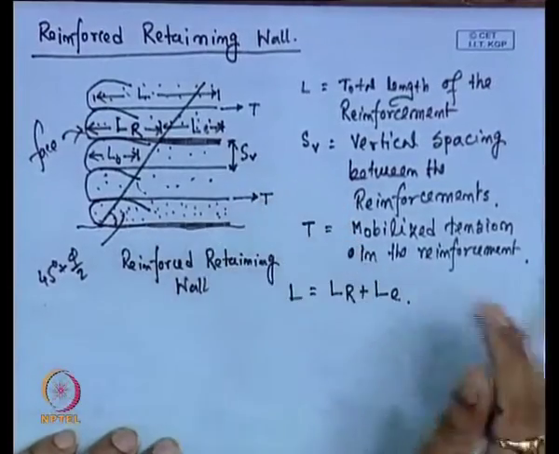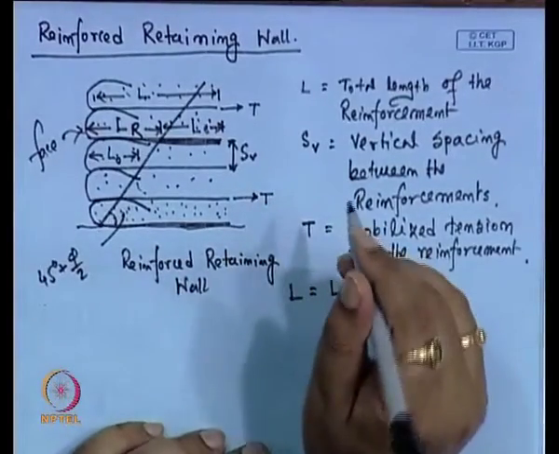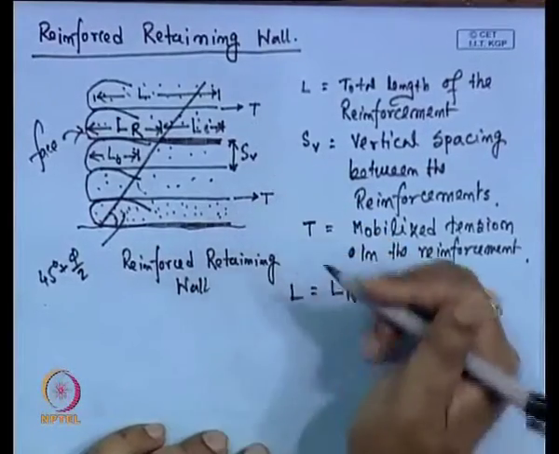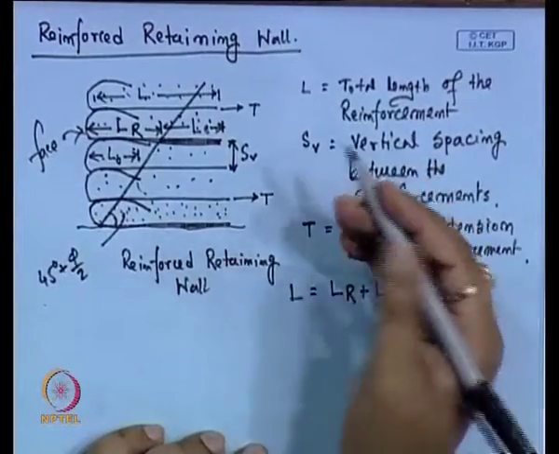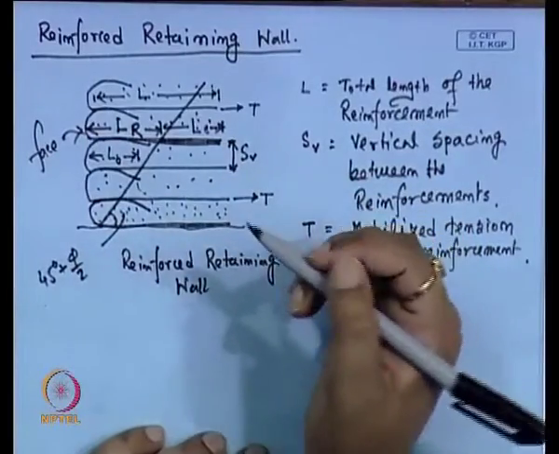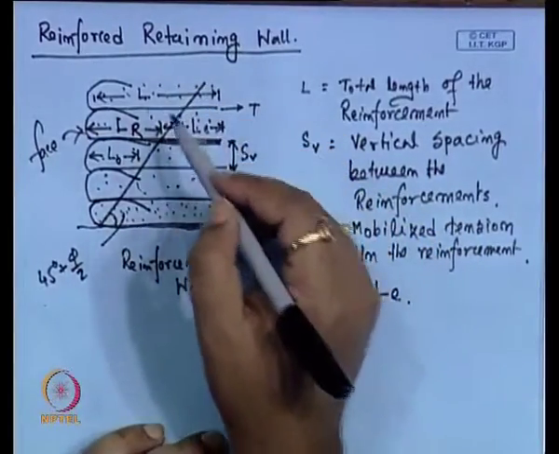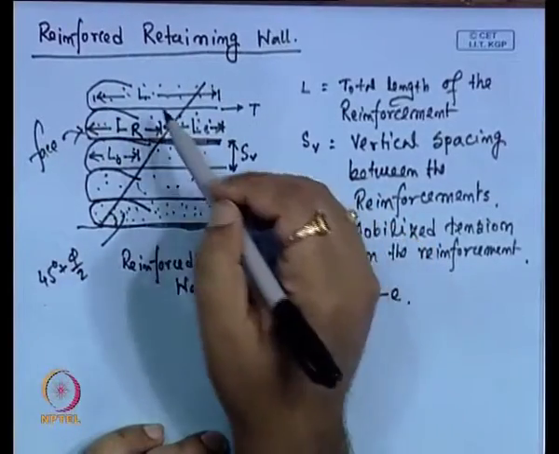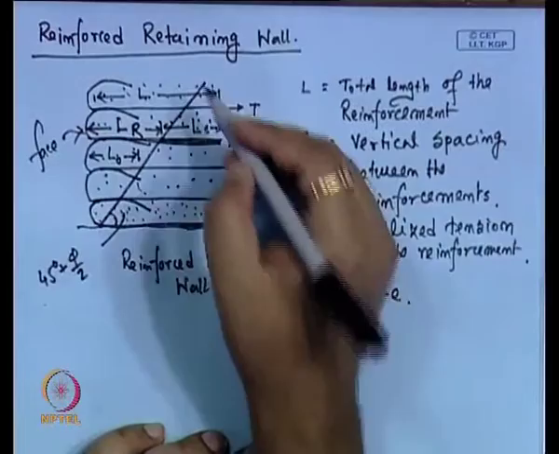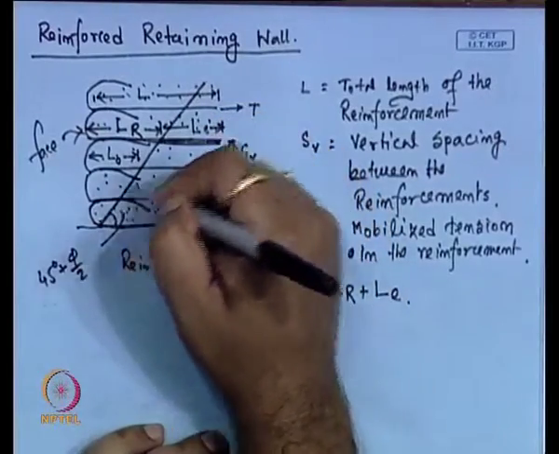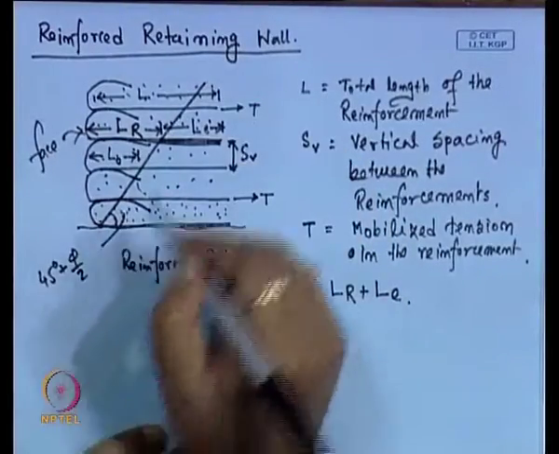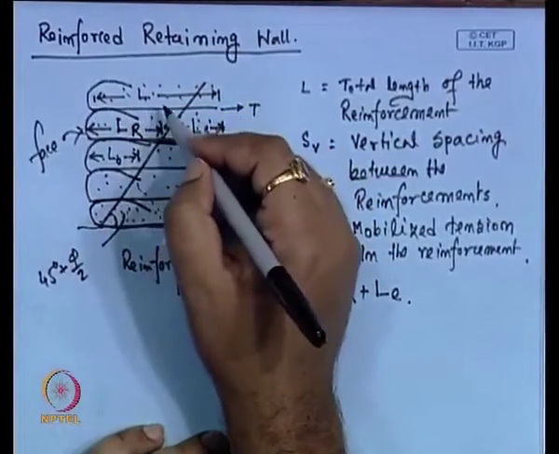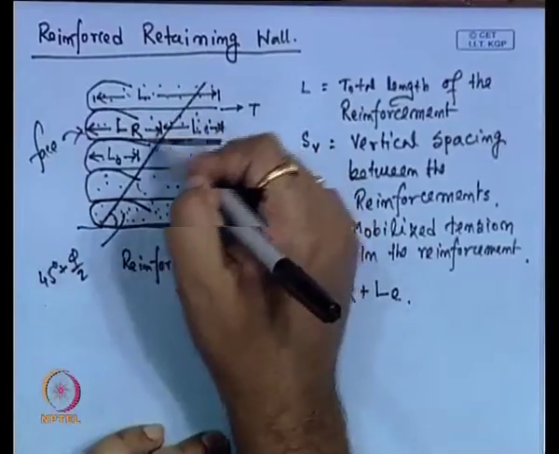As I have mentioned, in every reinforced structure we have to provide some anchorage length beyond this failure surface. The reason is, if I consider this reinforced retaining wall and this inclined line is the failure surface, then what is actually happening is that this total soil mass along with the reinforcement is trying to slide along this failure surface.